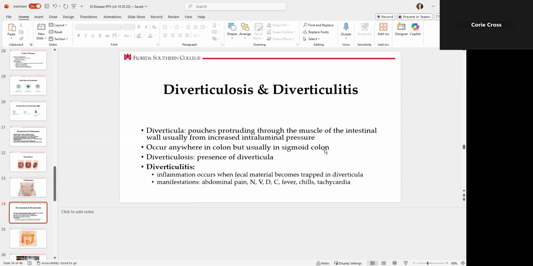Potential complications include occult blood loss, acute rectal bleeding, which can both lead to iron deficiency anemia. Abscesses or bowel perforation can lead to peritonitis. Fistula formation causing bowel obstruction, and bacterial overgrowth that leads to vitamin B12 malabsorption.